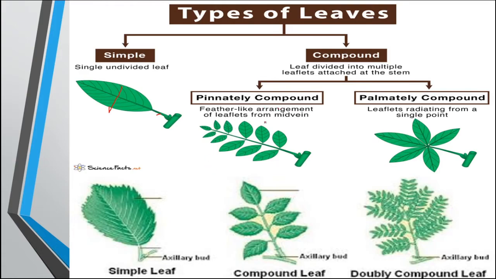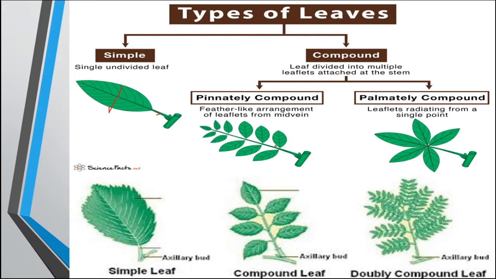In pinnately compound there is a feather-like arrangement of the leaflets from the midvein. This is the midvein from where the small leaflets are arising. Actually this is a single leaf and these are the leaflets. So this leaf lamina is divided into small leaflets.